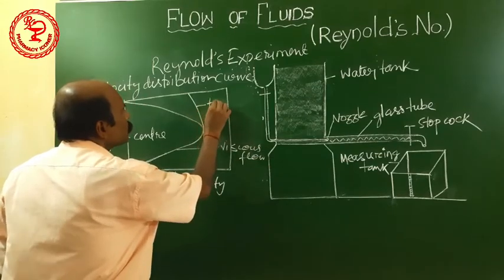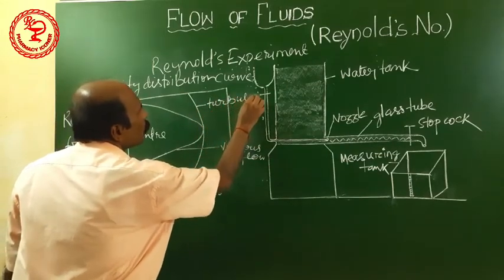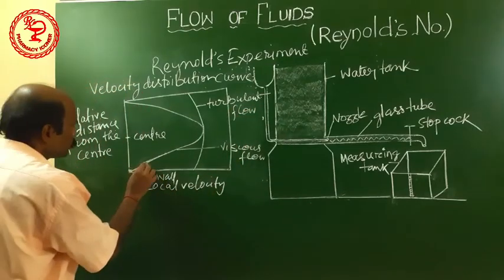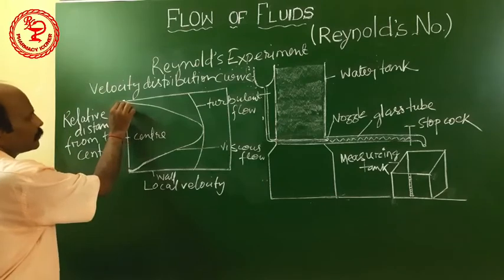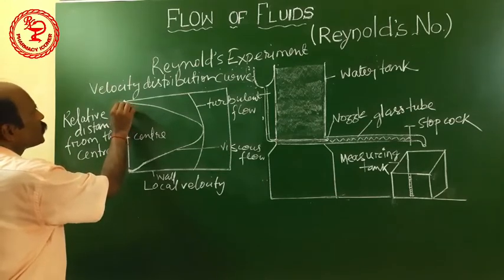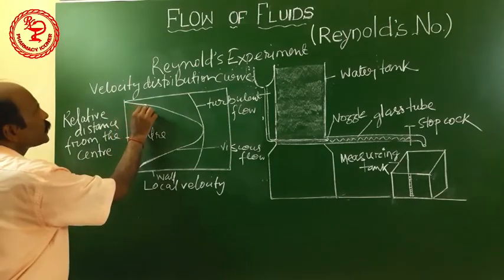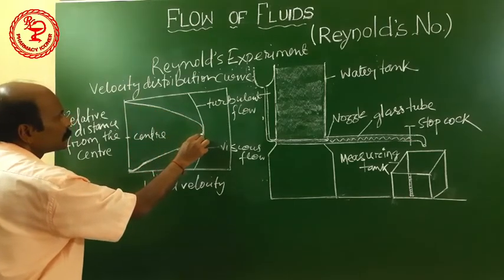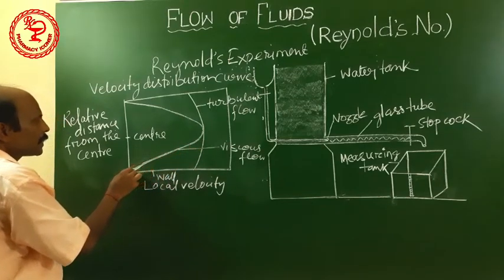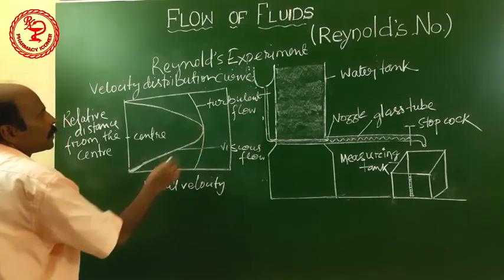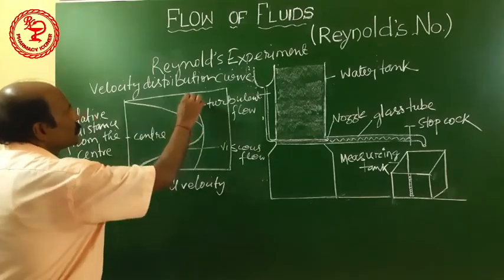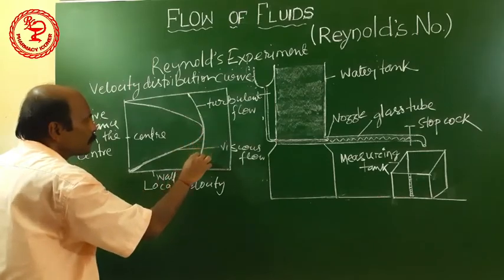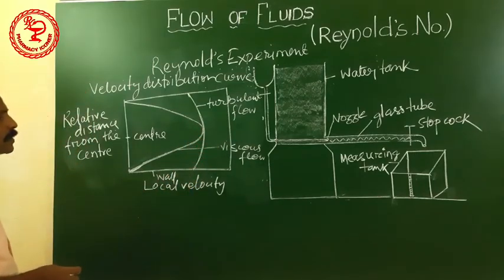This is the turbulent flow. Here you see at the wall of the pipe velocity is 0, then it increases, and at the center it is the maximum. In the case of turbulent flow, it will give this type of curve. This is the velocity distribution curve.